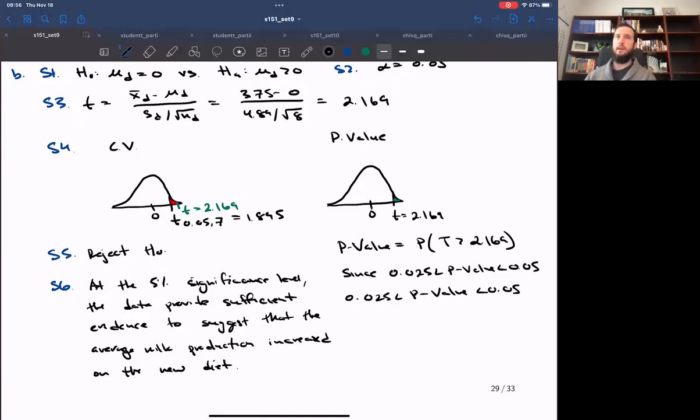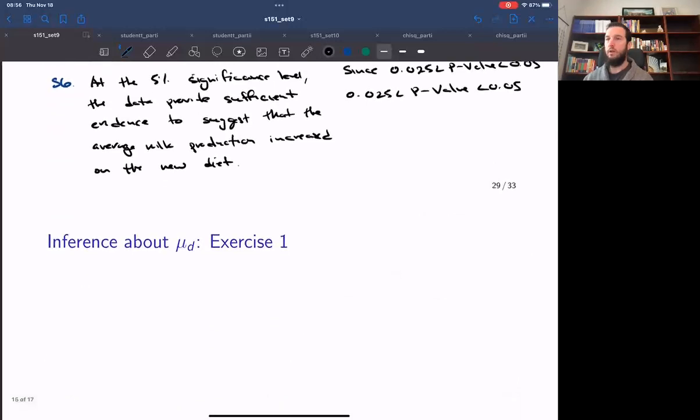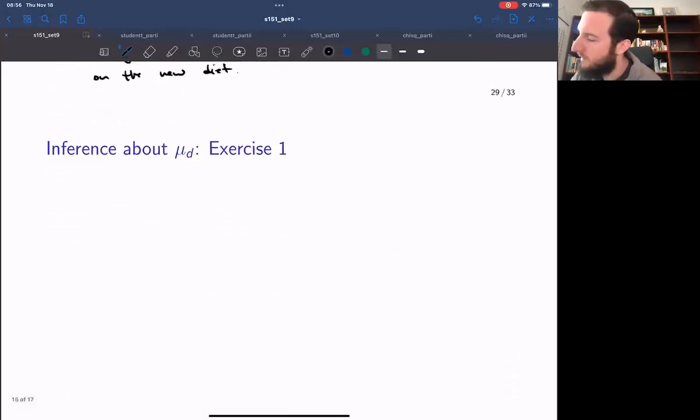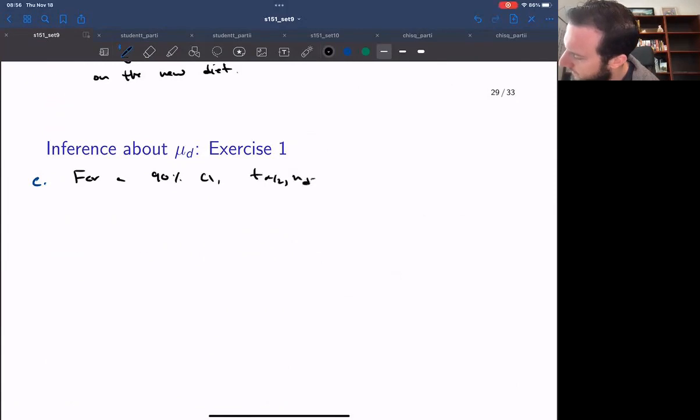Okay, in part C, it asks, will a 90% confidence interval contain 0 and to verify? The first thing we need to consider here is for a 90% CI, T alpha over 2 ND minus 1 is T 0.05, 15, which is 1.895.